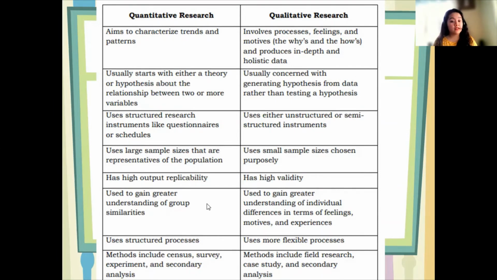Methods include census, survey, experiment, and secondary analysis. So in quantitative research, they used this one, census, survey, experiments, and secondary analysis, which you usually use statistical methods in doing that. In qualitative research, methods include field research, case study, and secondary analysis.